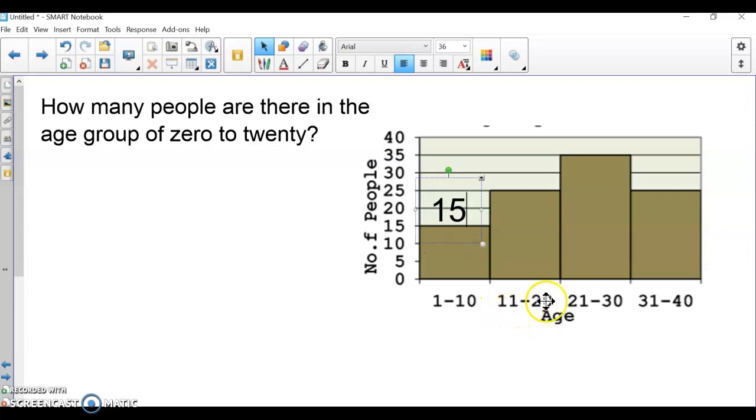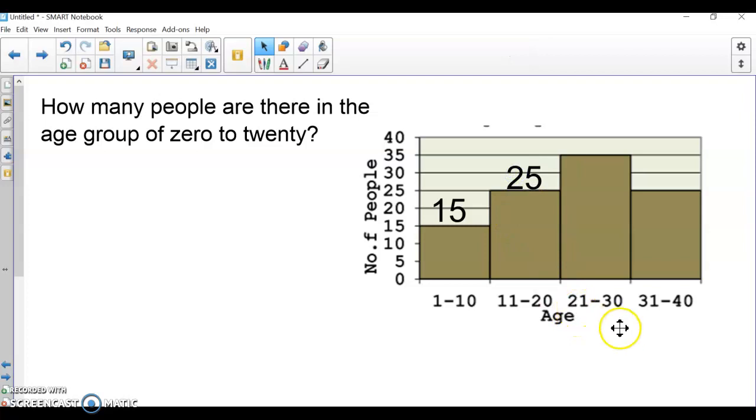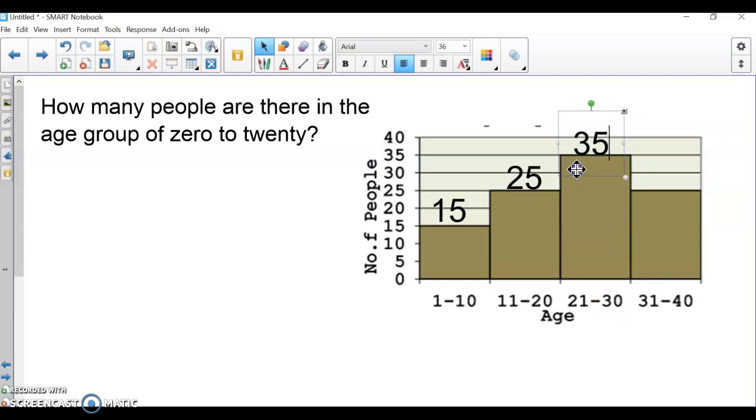From the age 11 to 20 is 25. From the age of 21 to 30 is 35.